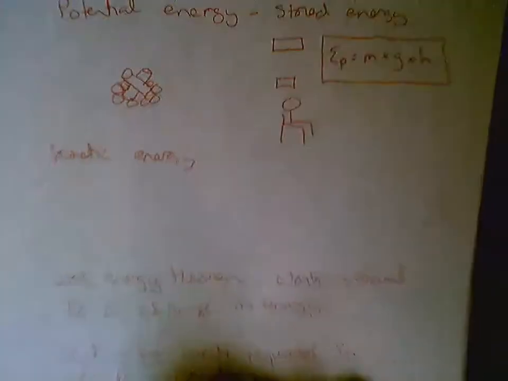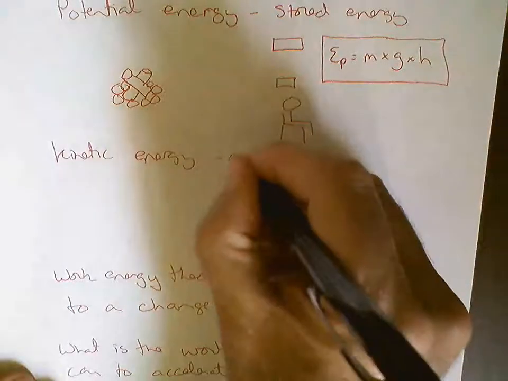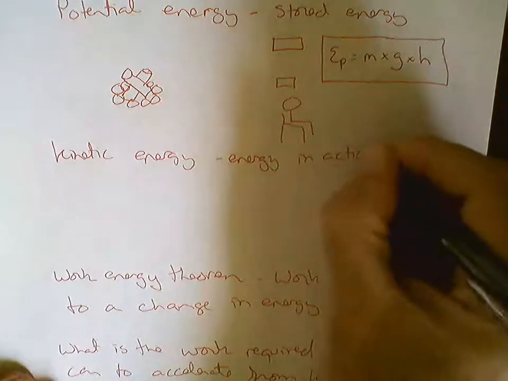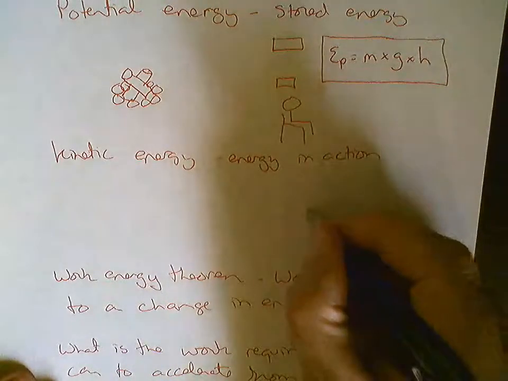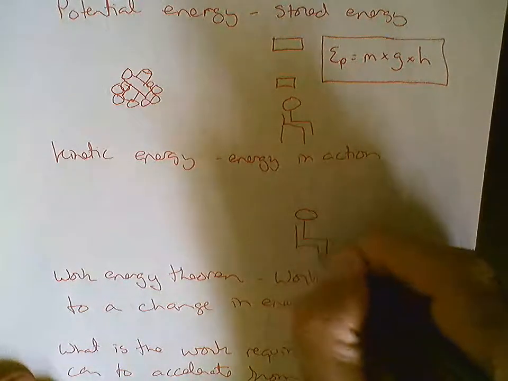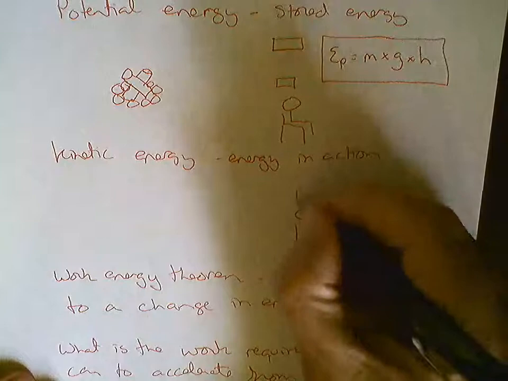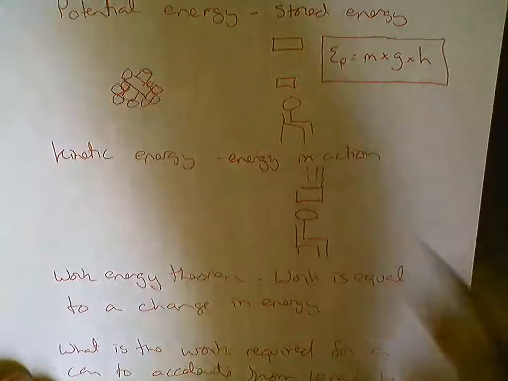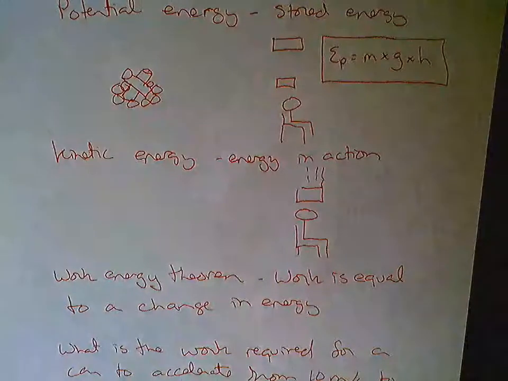So kinetic energy is energy in action. Let's go back to our same old examples. There you are sitting at a seat. Somebody drops that brick and now it's moving. Those are motion lines, believe it or not. Now that brick is moving down.